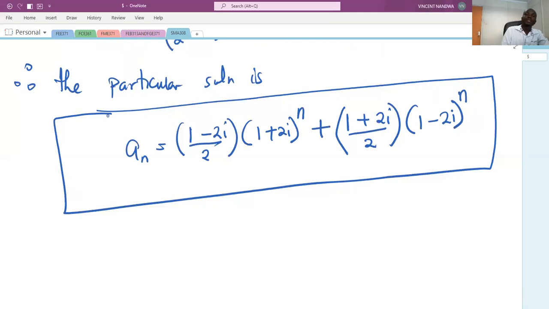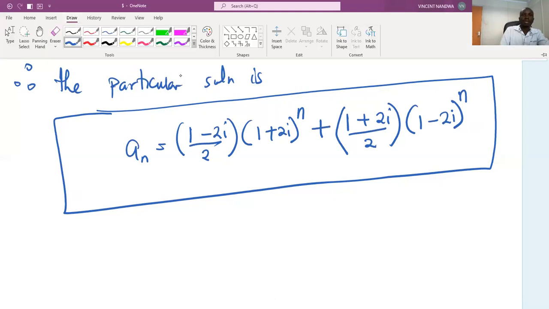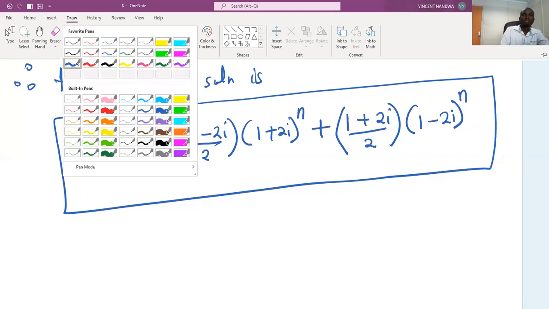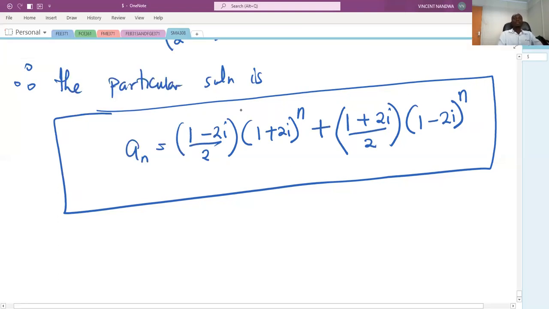Or you may decide to rationalize the numerator, so this is what we can have, or you can simplify it further if you like for this complex part.